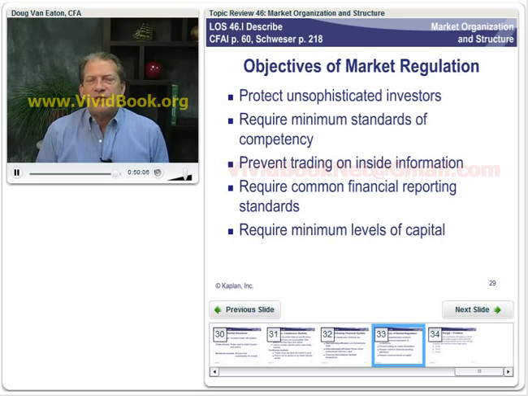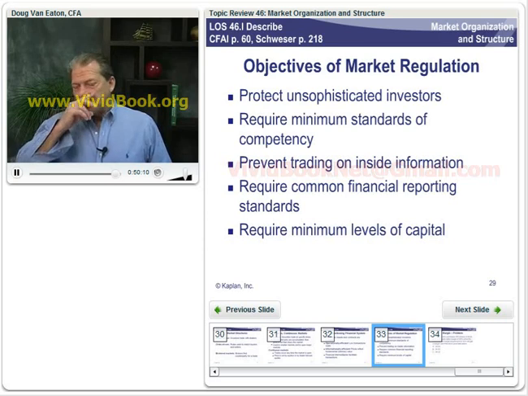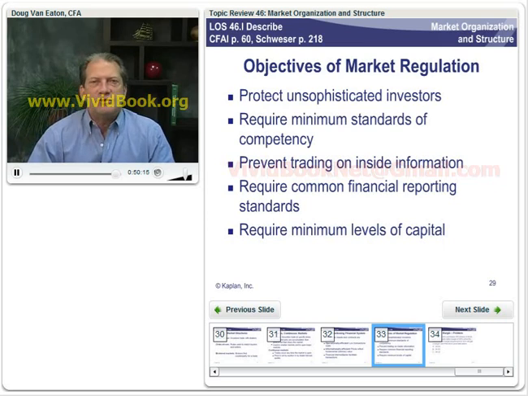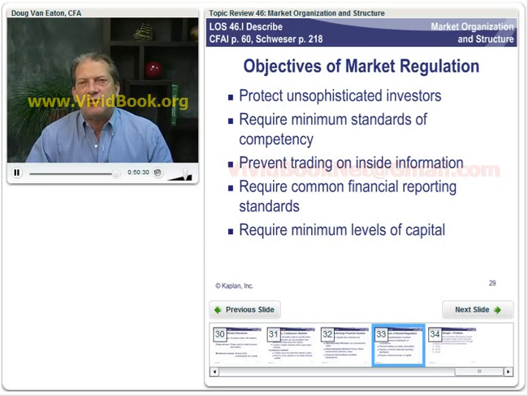Require minimum standards of competency, that is for brokers, for supervisors of brokers, and also restrictions on exchange and exchange members. Prevent trading on inside information. The usual argument for this is that if investors perceive that insiders have an advantage on the trades, then they won't trade. And this will lead to less participation, less activity, less liquidity, and higher costs of funds across the board.